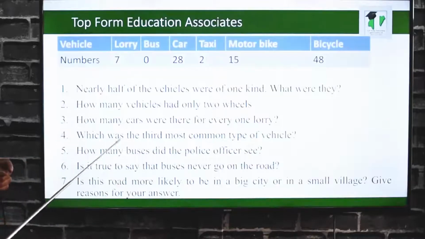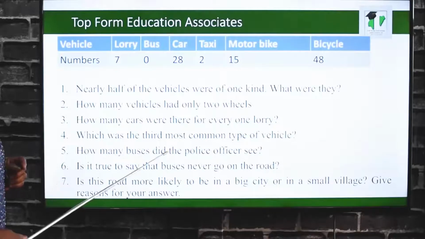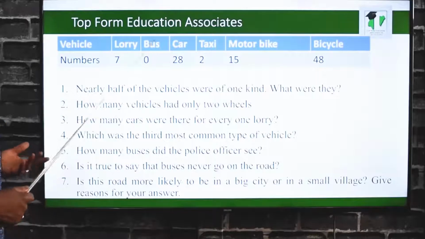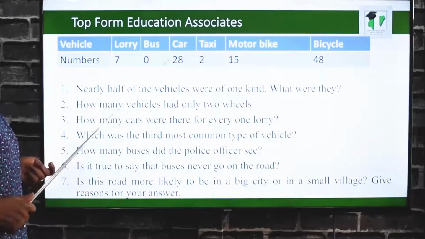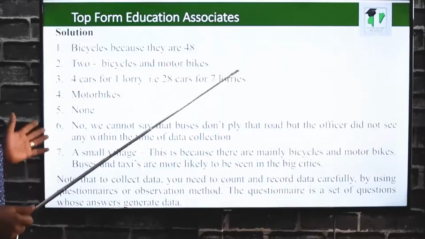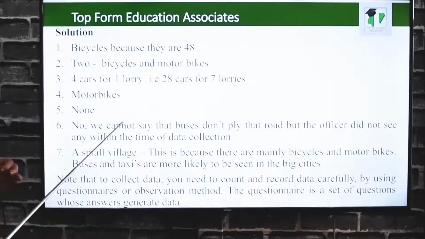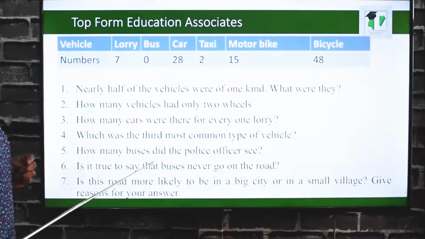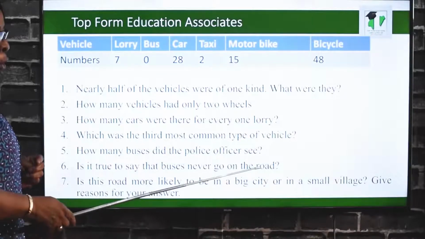Question number 5. How many buses did the police officer see? The police officer did not see any bus because the frequency of buses is 0. He didn't see any bus. None is the answer. Question number 6. Is it true to say that buses never go on the road?